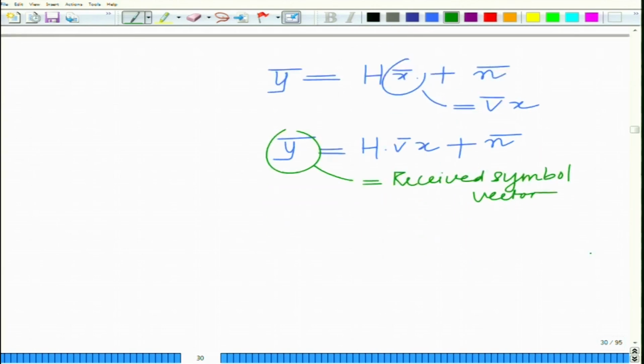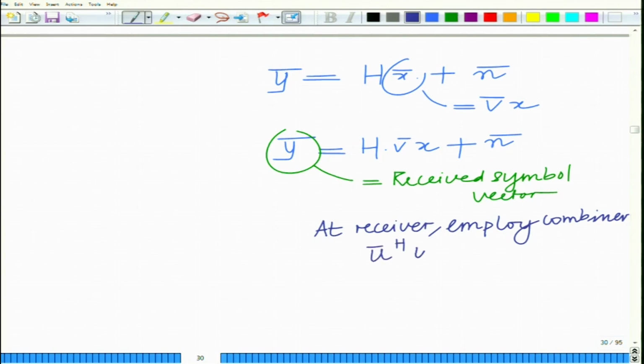At the receiver one can employ a combiner of the form u bar Hermitian y bar.